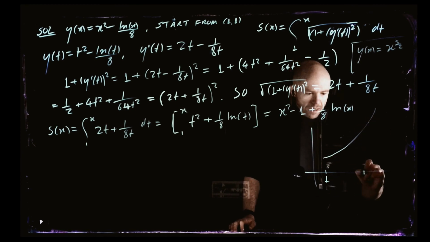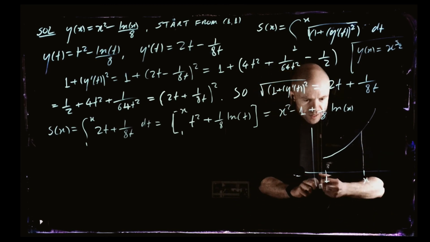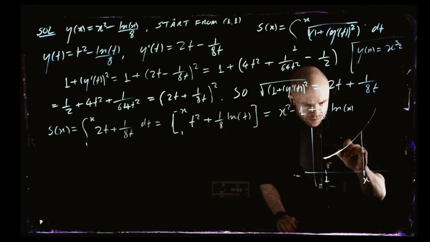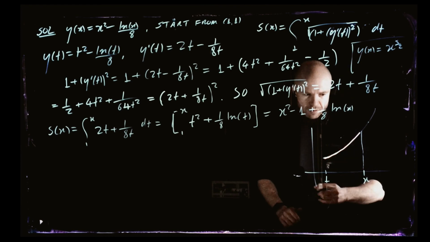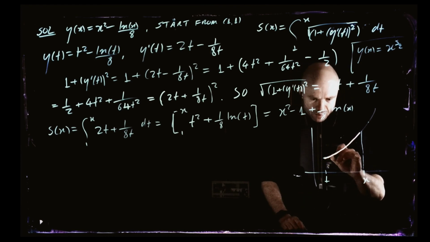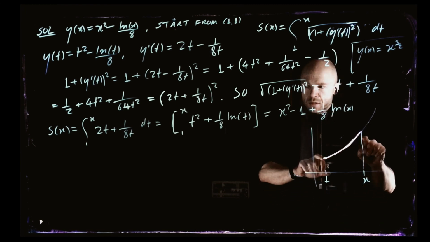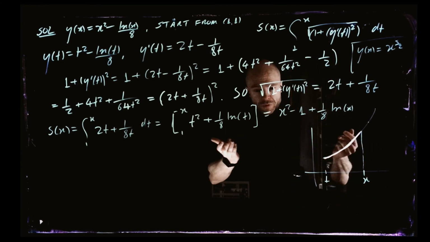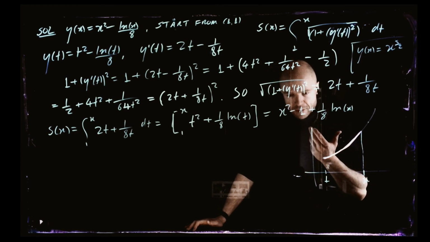And for every x, we have this length that we're drawing, in blue as well, and it is given by this expression. It obviously increases as x increases. If it doesn't increase as x increases, then something's wrong.